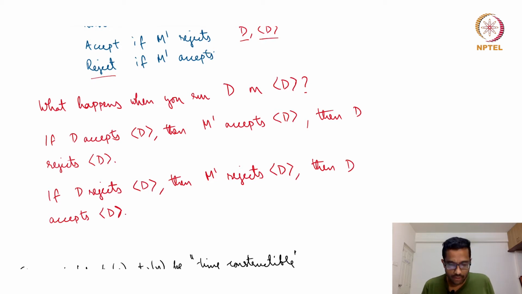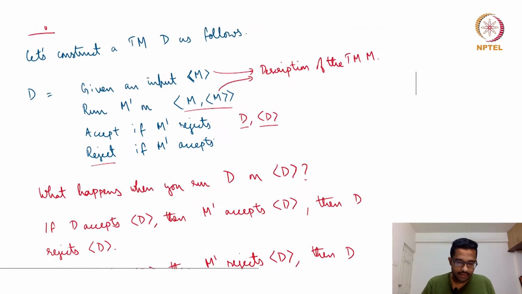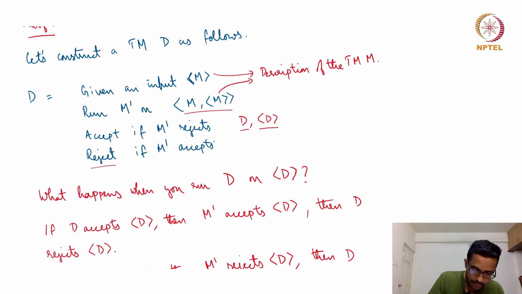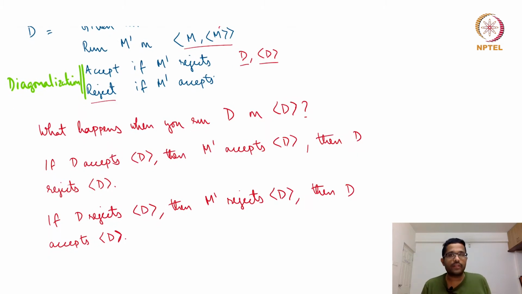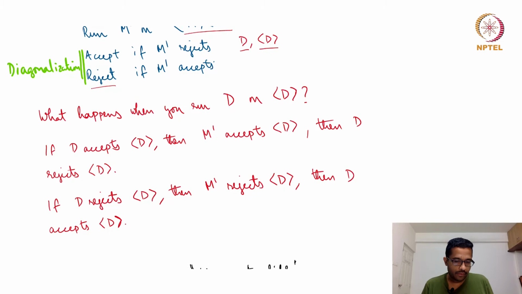This concept may be a bit confusing, especially if you have not seen diagonalization before. What is happening is we are constructing this machine, right? So this is the diagonalization part. This is why it's called diagonalization. You can read up more if you're interested. So this is the flipping of the output, right?